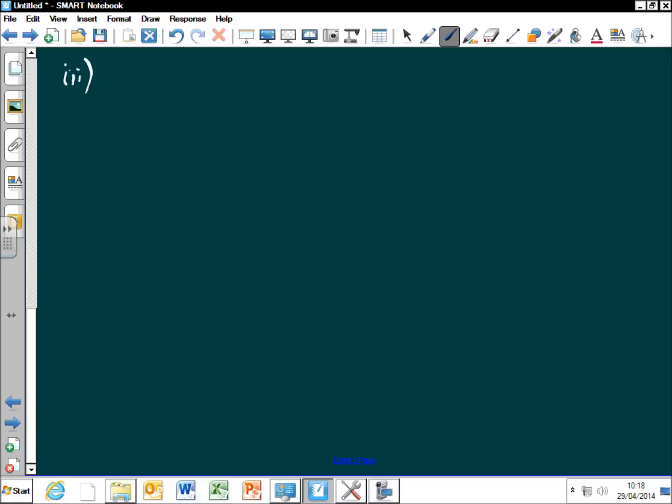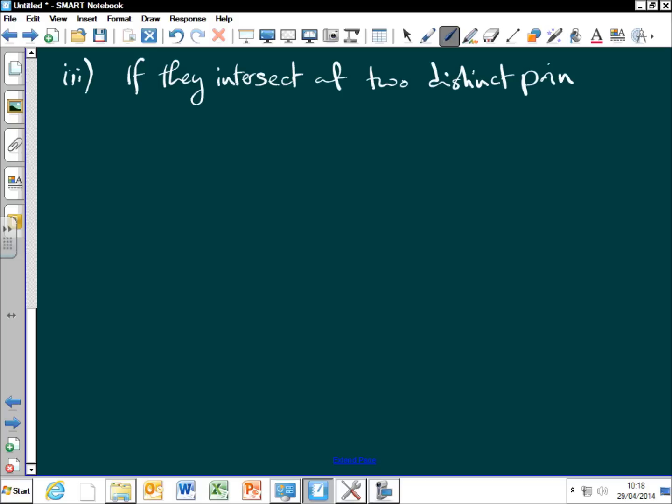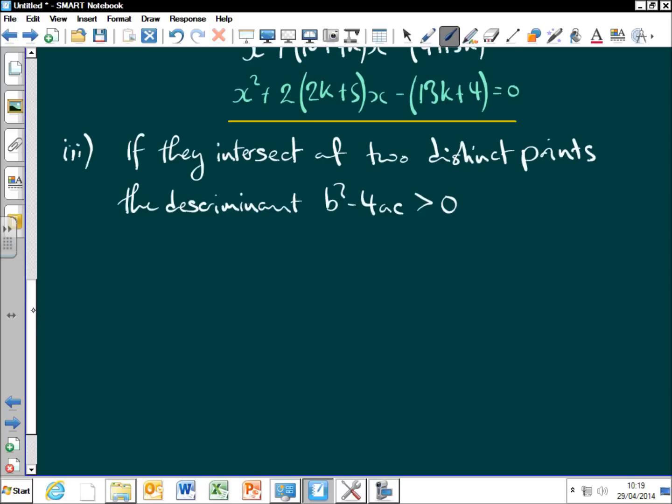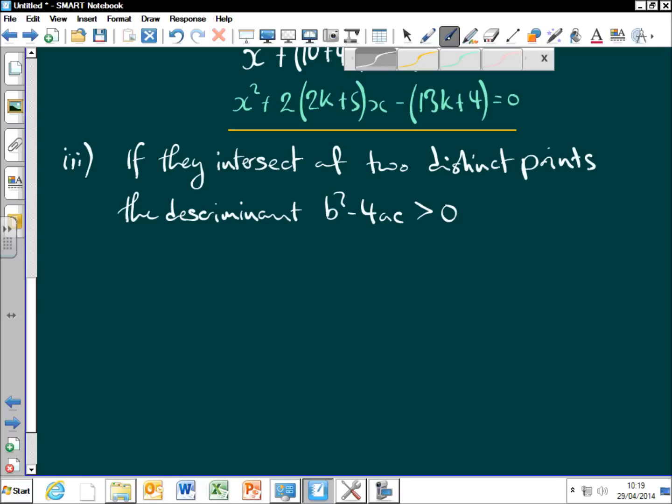Well, if they intersect at 2 distinct points, then the discriminant b squared minus 4ac has got to be this time greater than 0. Okay, so I look back at the formula that we've got here, we write down the values of A, B and C.